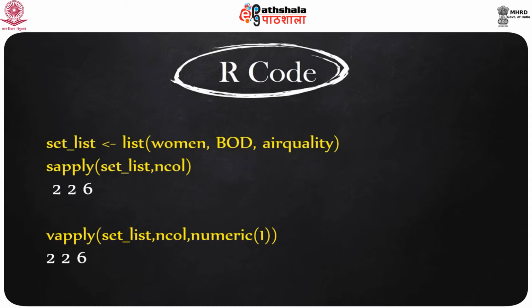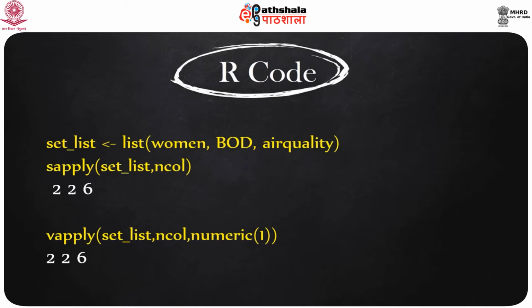Here, if we use a vapply function like the one we have used here, then with this extra argument as well, we are getting the same output as we got using the sapply function. Now, the reason why we said earlier that the sapply function works better for interactive use is because in that case, you will have plenty of opportunities to notice if you have committed an error or not.